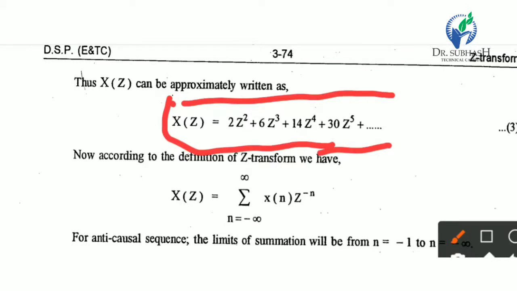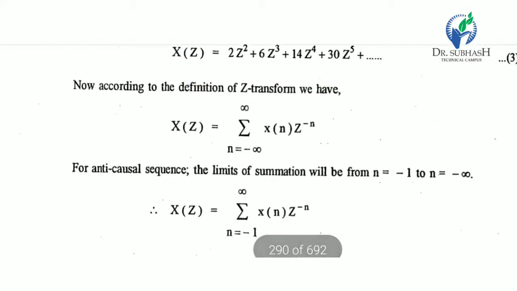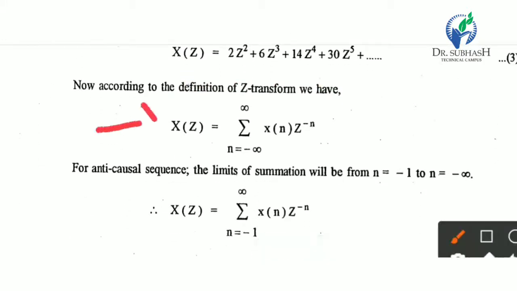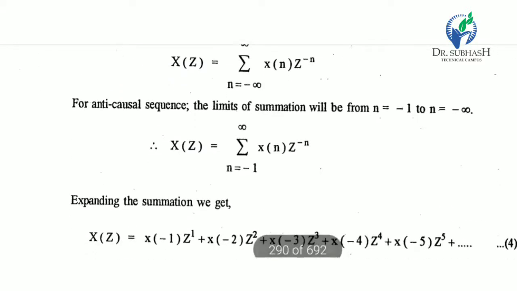Now according to the definition, x of z equal to summation n equal to minus infinity to infinity x of n z raised to minus n. So for an anti-causal sequence, the limit should be n equal to minus 1 to infinity.